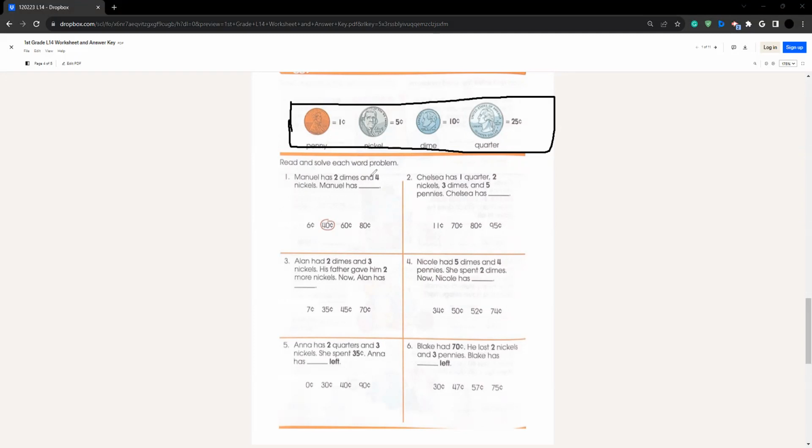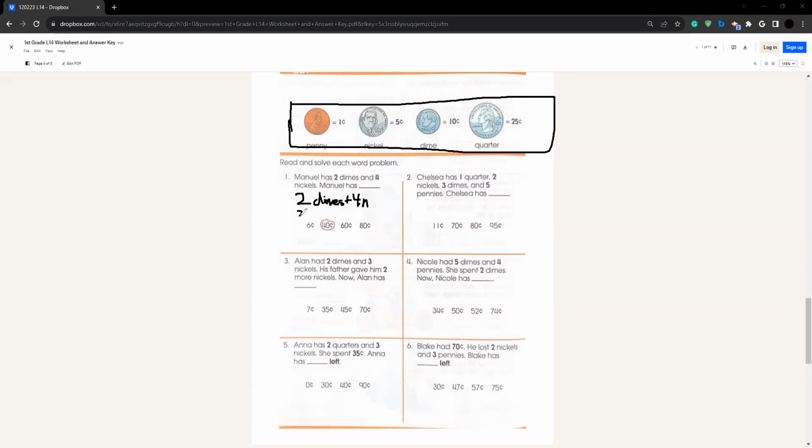Manuel has 2 dimes and 4 nickels. So we need to find how many cents Manuel has. So if we have 2 dimes plus 4 nickels. I'll just put N for nickels. And if 1 dime is 10 cents, 2 dimes is going to be 10 plus 10.